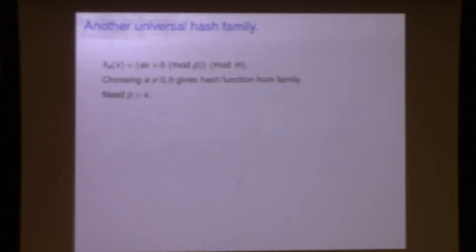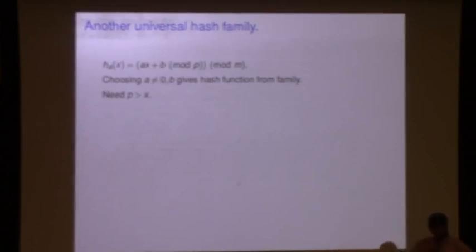But okay, so here you need this inner part. So what we're doing is we're taking mod p inside, and then we're taking mod m, which is the size of your table. So mod p, that p should be bigger than your universe. The intuition of this hash function is the first thing is kind of randomizing the position of x.